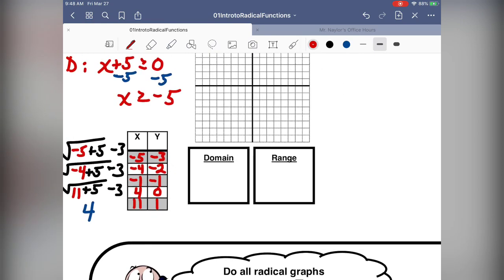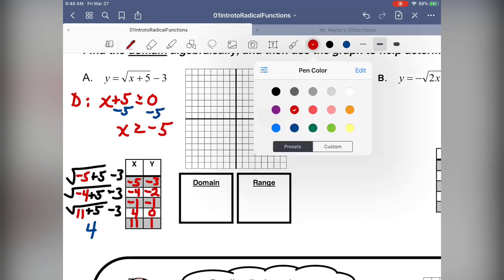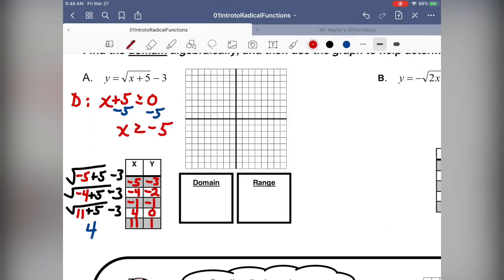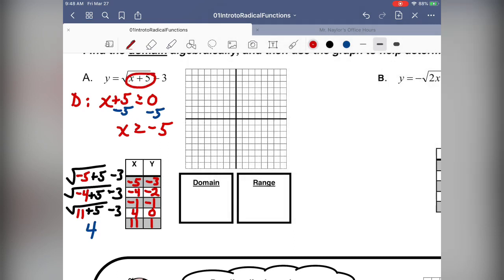And remember that it all started with finding the domain. And the domain is always connected with the part that's under the square root. And again, we want that to be greater than 0. Let's graph this table of values. What I really want you to see when you graph it is the same shape, the same radical graph.